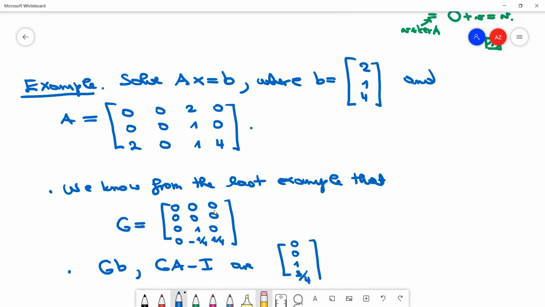This is GB. And then GA minus identity becomes a 4×4 matrix, with -1, -1, and here 1/2. And everywhere else we have zeros.